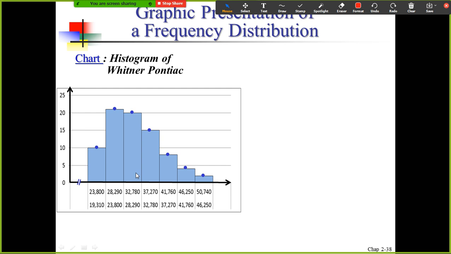But what if you don't have a histogram, but you have a frequency distribution table? It doesn't matter. If you have a frequency distribution table, you put class on horizontal, and frequency on vertical.